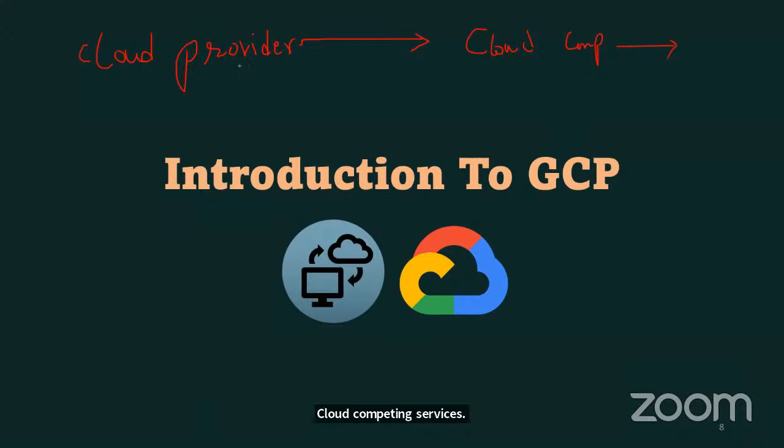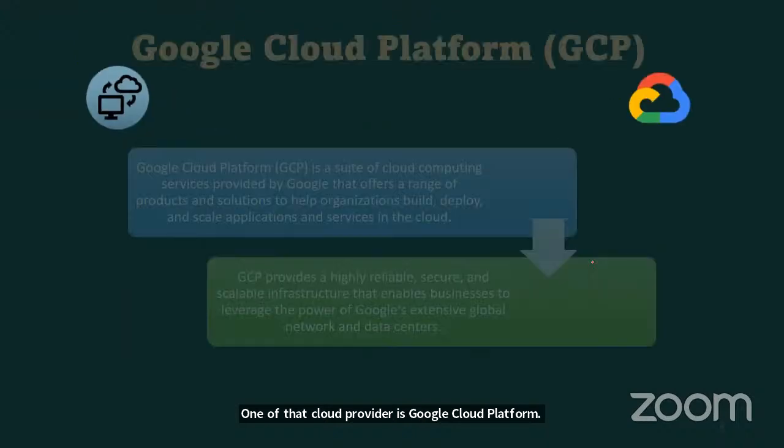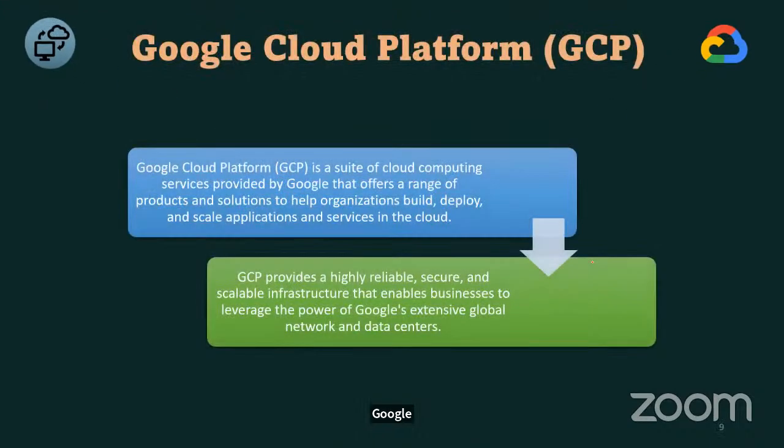One of those cloud providers is Google Cloud Platform. Google Cloud Platform provides cloud computing services which are very useful for organizations to deploy applications, create applications, and scale applications and services in the cloud platforms.